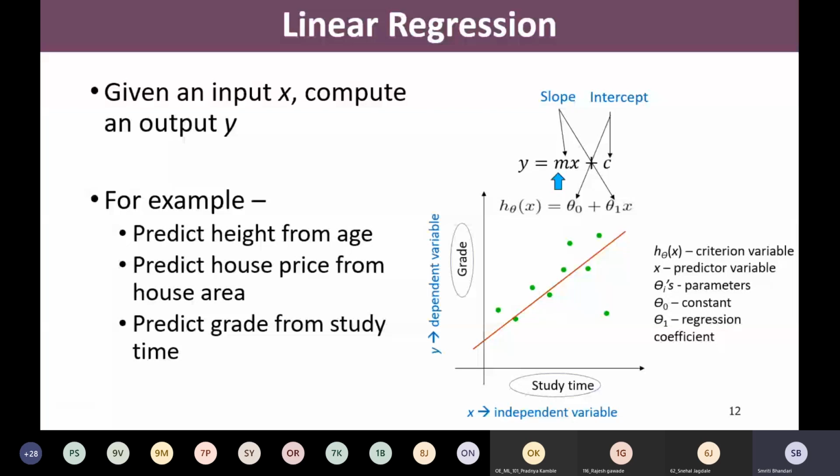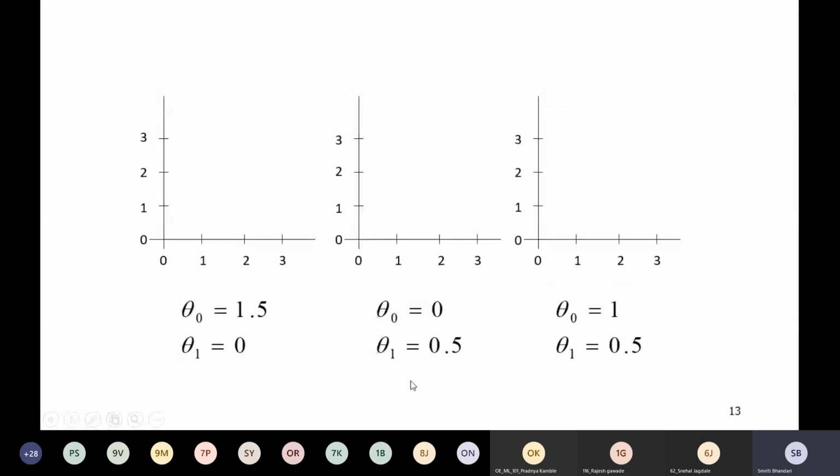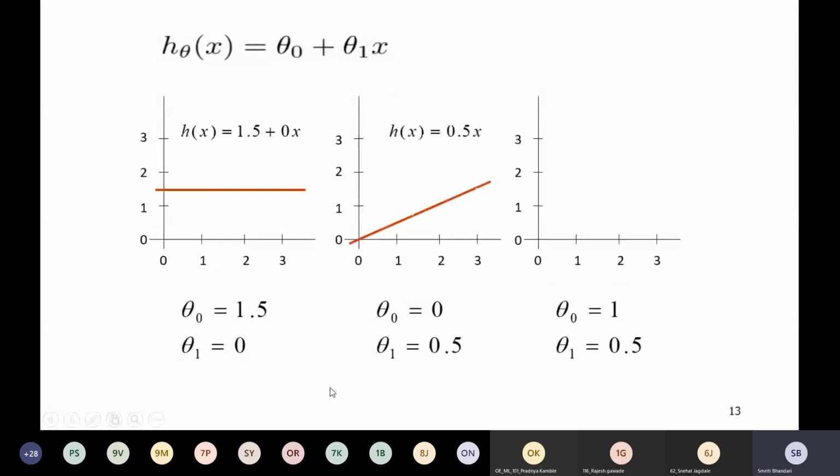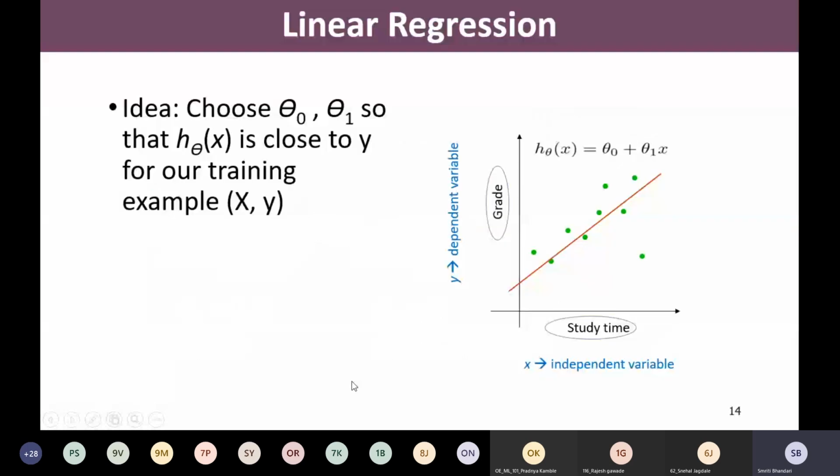Okay. Now, we have gone through simple examples also of how we can draw these hypotheses. I am not going into the details once again. We had a discussion in the last session. So what ultimately would we like to do in linear regression? Given the data, given the training samples, we need to come up with the hypothesis of the form h theta x equal to theta 0 plus theta 1 x.